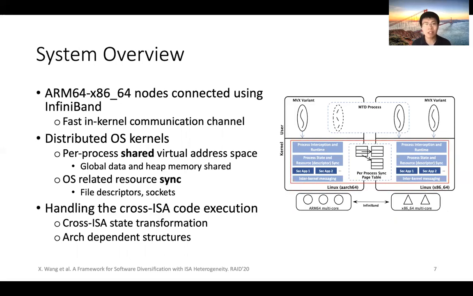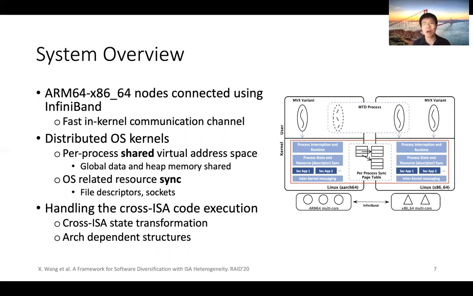On top of it, we also have distributed OS kernels, which provide a process-shared virtual address space. For example, global data and heap data are virtually shared on those two nodes.